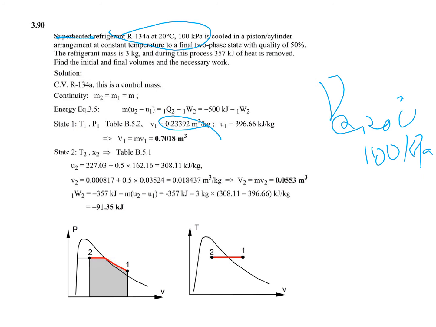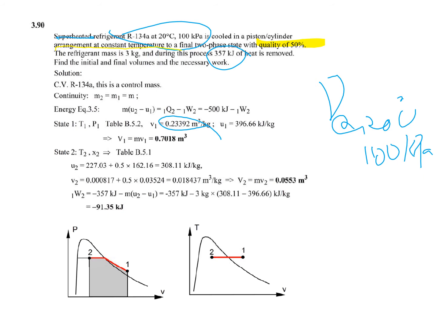Now, since we know that the total amount of heat extracted from the system is 357 kilojoules, we can use the work energy principle, and since the temperature remains the same during this process, that is 20 degrees centigrade, that's the common between the two states, as we know from the statement. And since at the second state the quality is 50%, we have to use saturated tables.